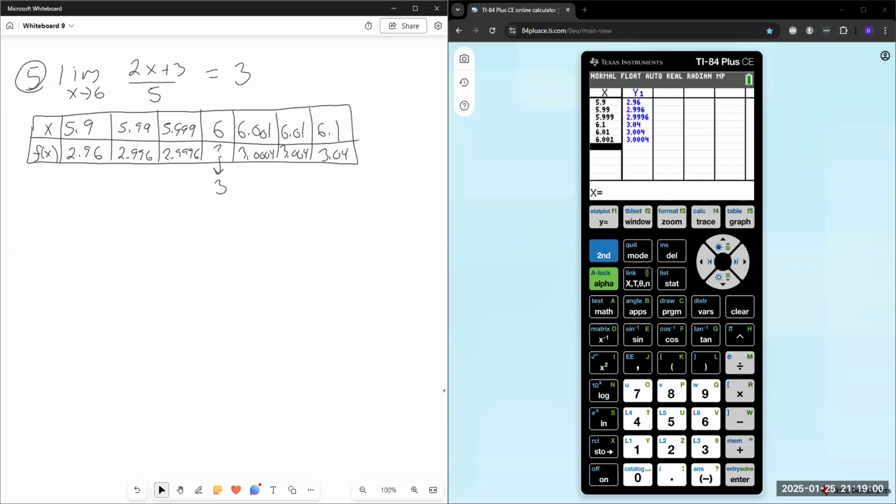Let's go ahead and look at number 7 here. It got cut off on my paper. Let me go ahead and look at that again. 1.5 exercises.